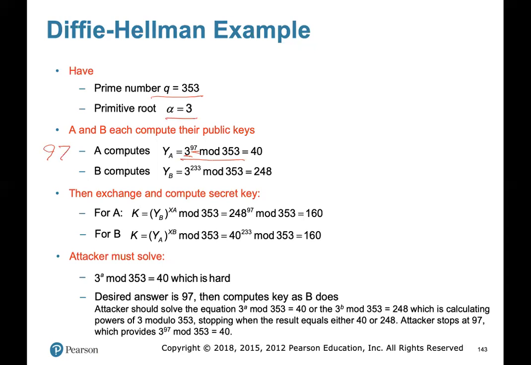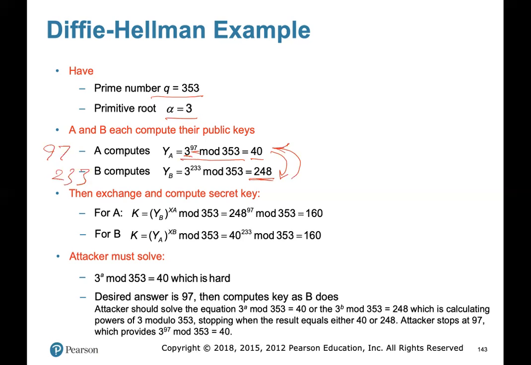Bob picks 233 and calculates 3 to the power of 233 mod 353, and gets this number. This is something that Alice sends to Bob, and this is the number that Bob sends to Alice. So they exchange these two numbers. And this can be sent as plain text. We don't care. From the security standpoint, it is okay if the attacker accesses these numbers.